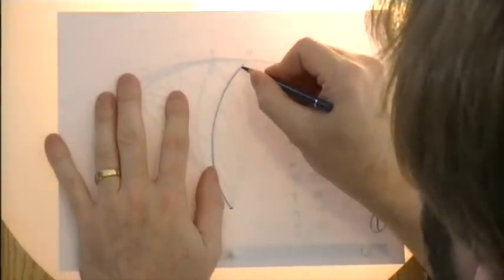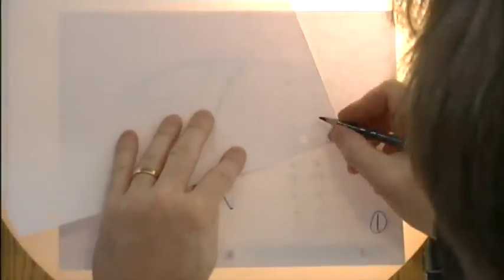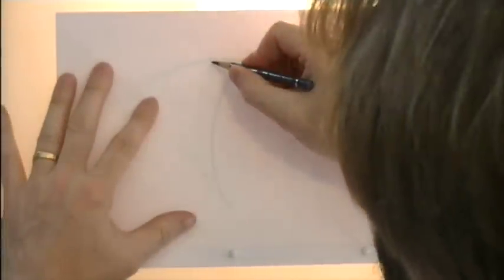Now the end point, I can sort of figure out it's roughly about there, but I can work that out later on. As I go through my drawings, I can go back and double check and fix this up. So now I want to move on to my drawing number 2. Number 2 now is right here.